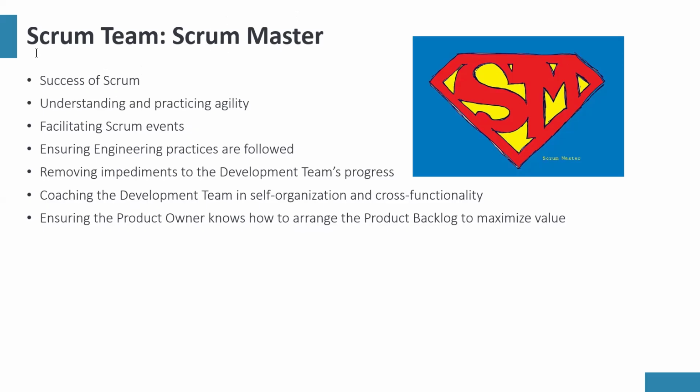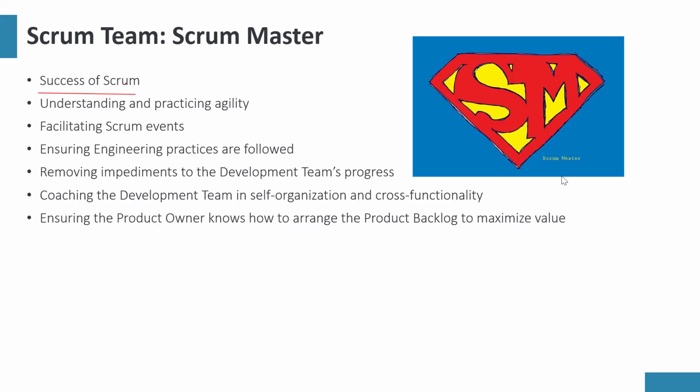So first of all, the Scrum Master is after the success of the Scrum. The fact that Scrum is working is the direct responsibility of the Scrum Master, which means the Scrum Master must understand all the events and what happened in each event and should also know the time boxes of each event. Everything is timed in Scrum.